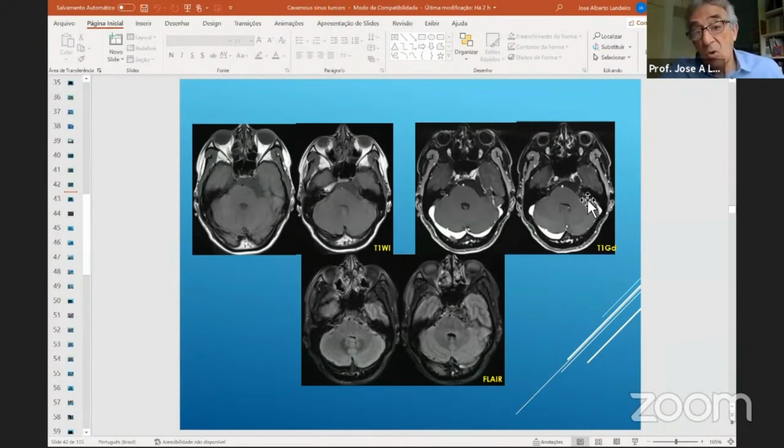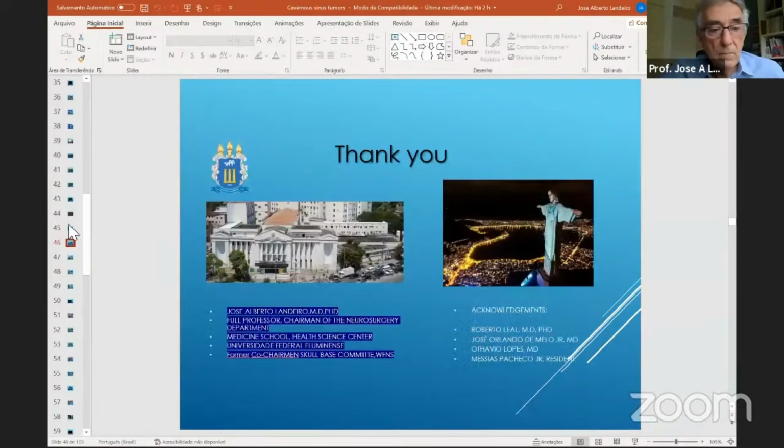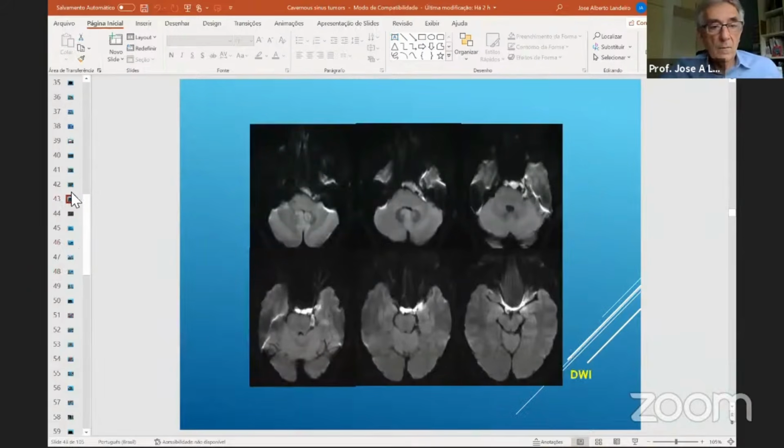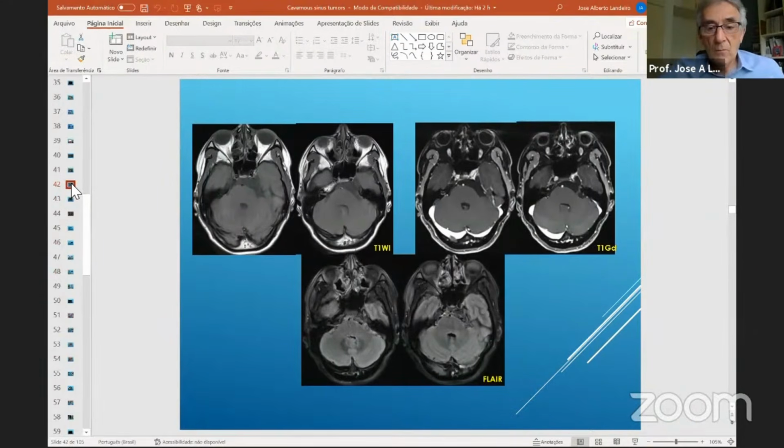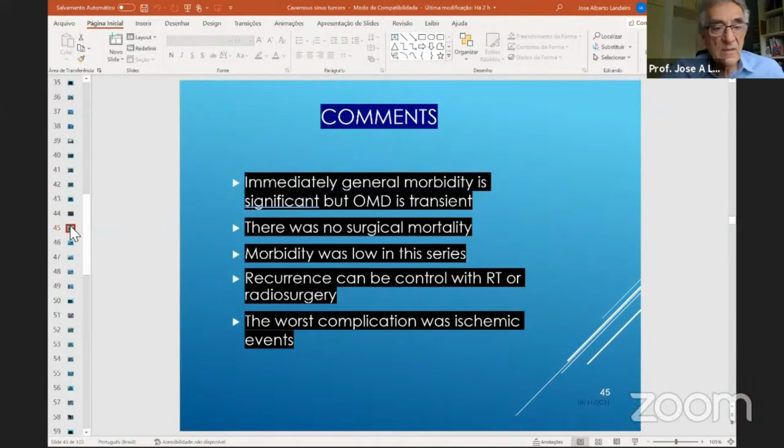I did the Kawase approach, and I could remove the tumor from below until the CP angle, remove it on the midline, and remove the tumor close to the cavernous sinus. As you can see here, the postoperative view after totally removing the epidermoid cyst.